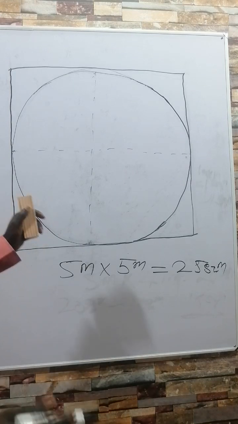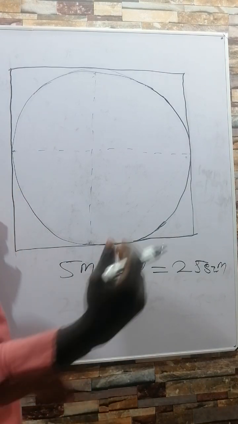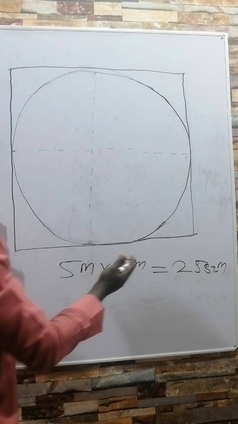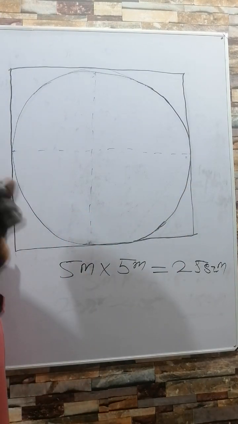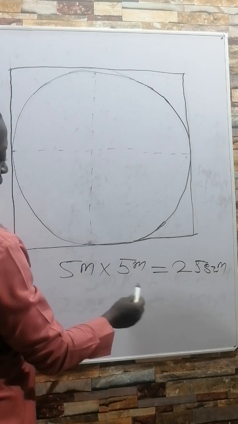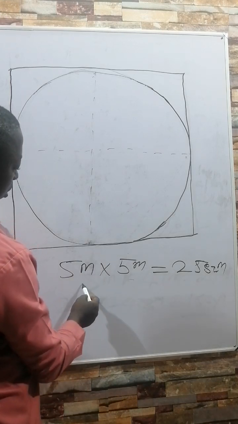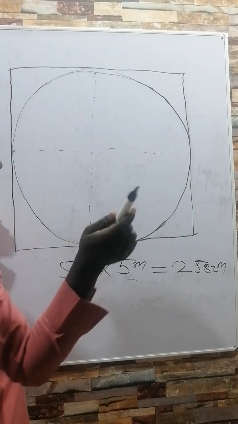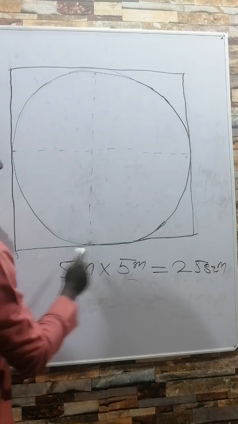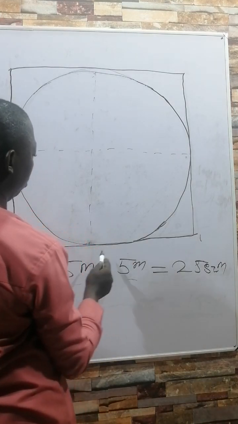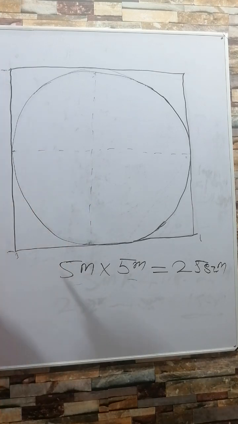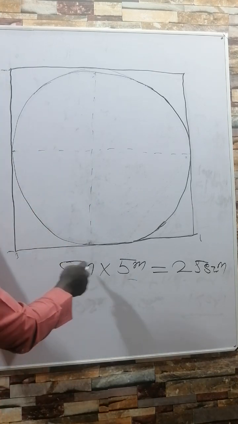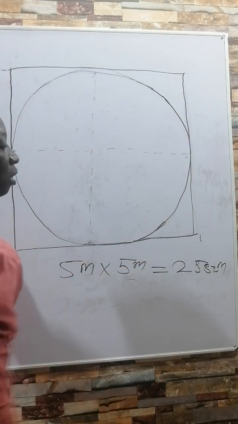For instance, you are cutting some materials to get this circle. So the measurement you are going to use is this measurement. That measurement is also from here to here, and also from here to here. So that will give you 5 meters by 5 meters, 25 square meters.